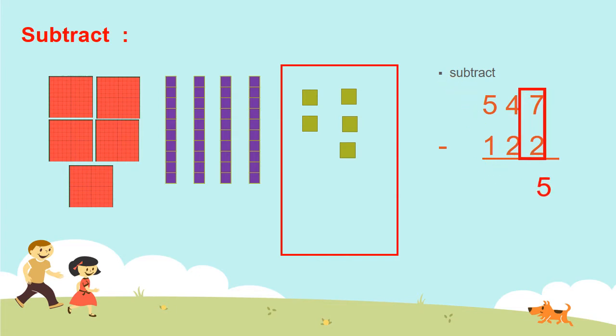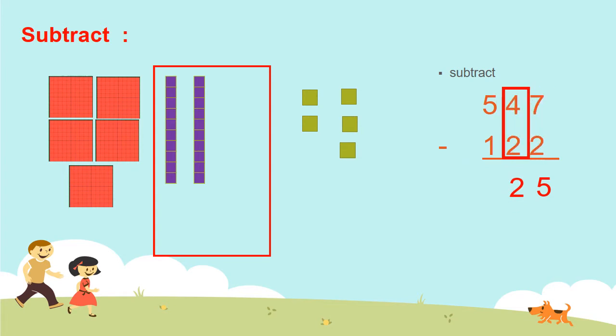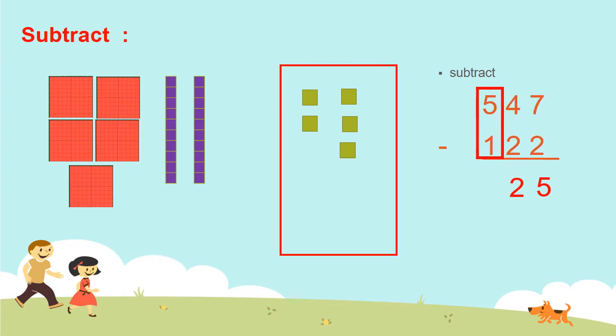Okay, now we go to the tens. We have 4. We want to remove 2. So let's remove 2. How many remain? 2. Now we go to the hundreds.